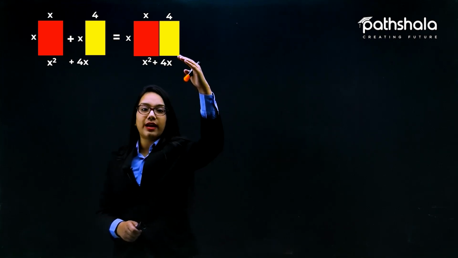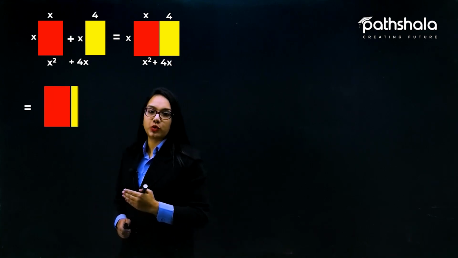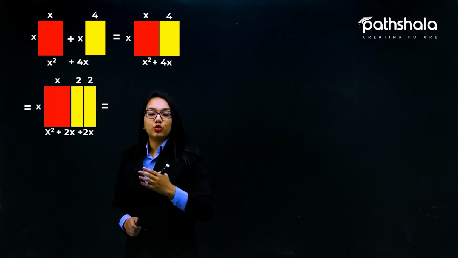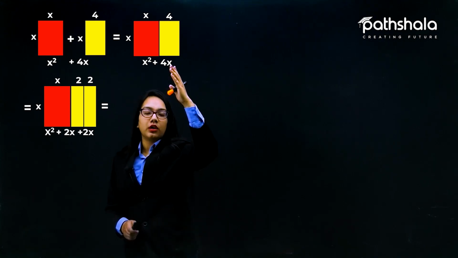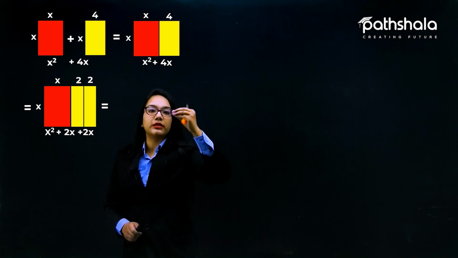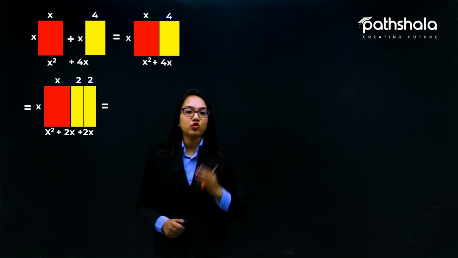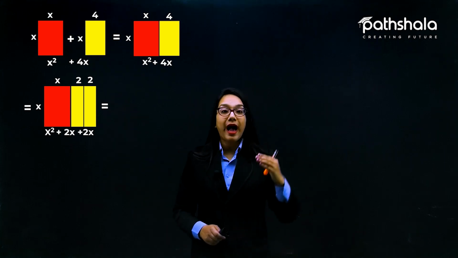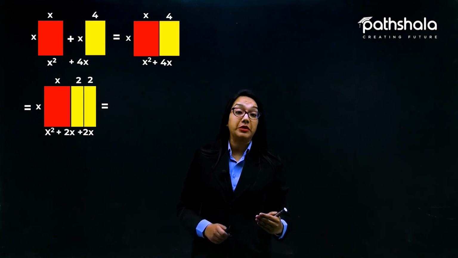Let us suppose I am converting this particular figure into this formation. I am taking it as 2 and 2, meaning I have split the breadth 4 into 2 and 2, and the length remains the same, x.